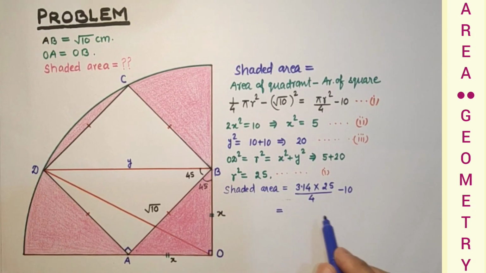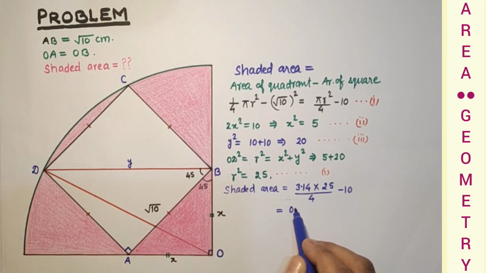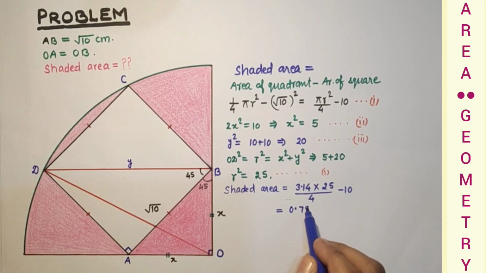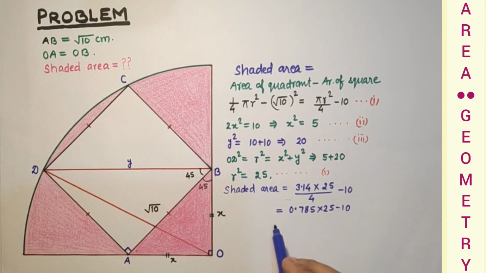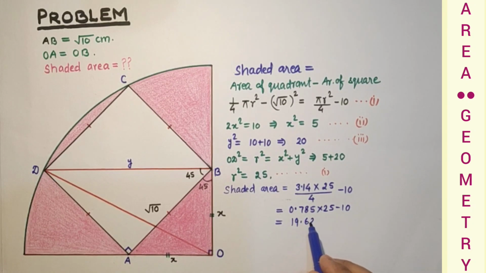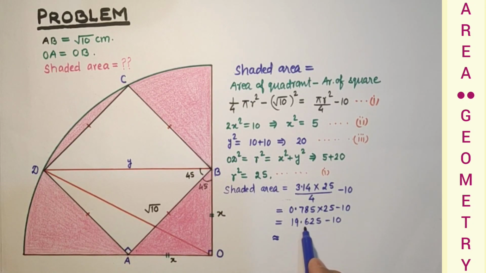So that is equal to 3.14 divided by 4, which is 0.785, into 25 minus 10, that is equal to 19.625 with the help of a calculator, minus 10, and that is equal to, finally, approximately 9.63 centimeters square approx, and that is the answer.